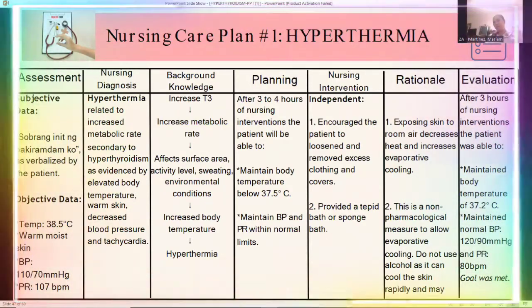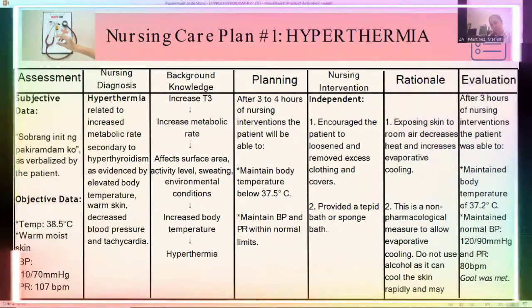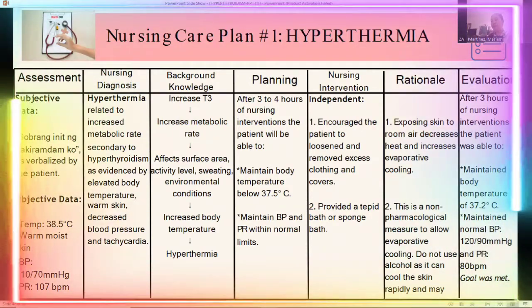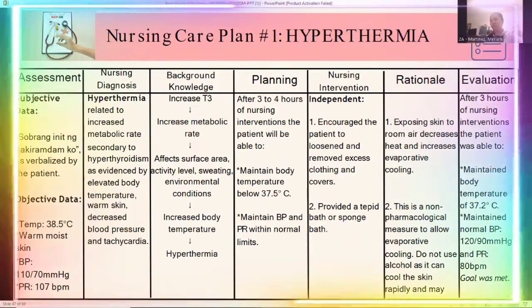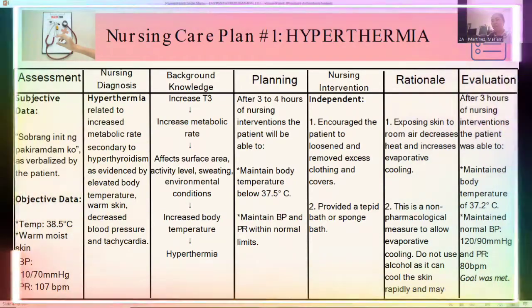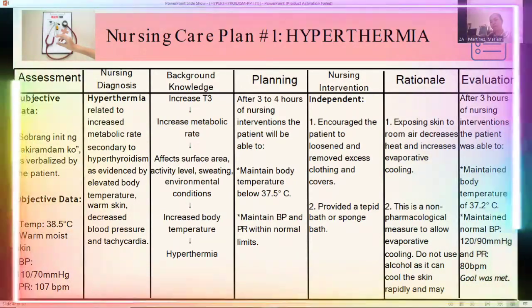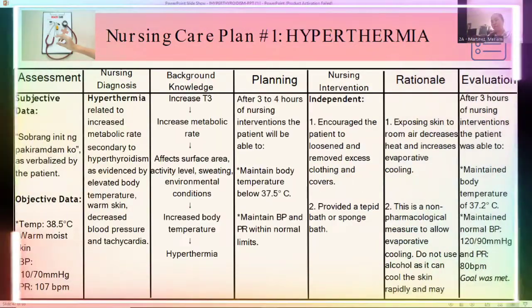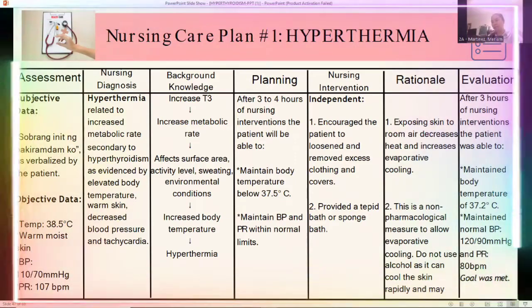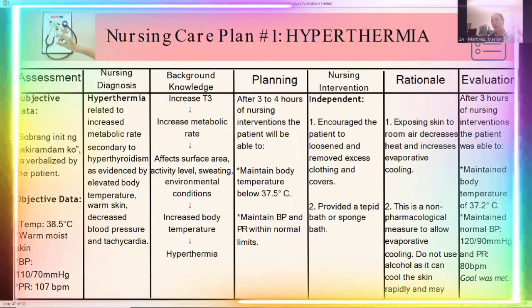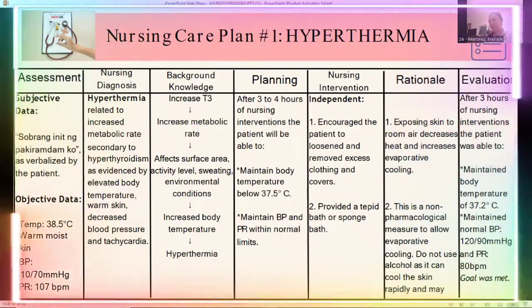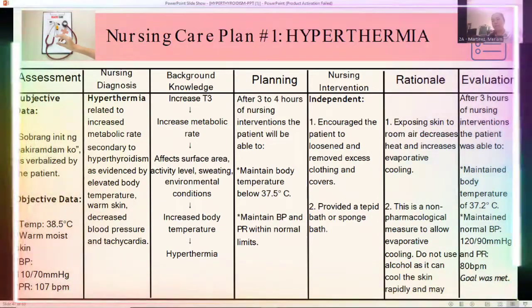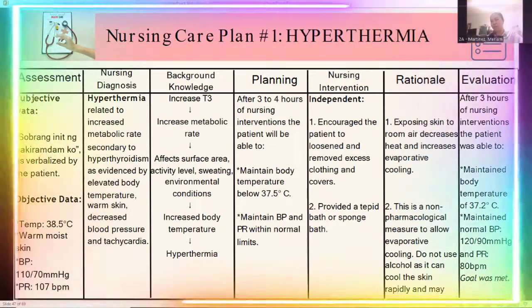Objective data: temperature 38.5 degrees Celsius, warm, moist skin, BP 110 over 70 millimeters of mercury, pulse rate 107 beats per minute. The nursing diagnosis is hyperthermia related to increased metabolic rate secondary to hyperthyroidism as evidenced by elevated body temperature, warm skin, decreased blood pressure, and tachycardia.